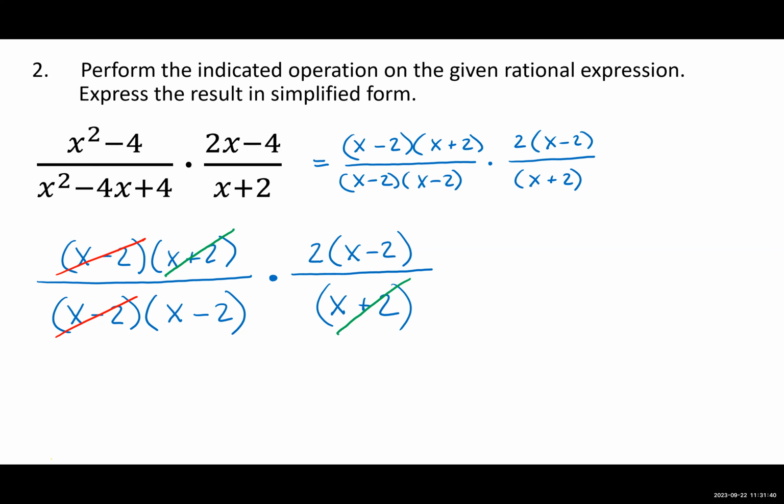And then let's use purple, I never use purple. This x minus 2 is canceling this x minus 2. So in this case, this doesn't always happen like this, but in this case, everything on the top cancels except the number 2. And on the bottom, everything cancels.